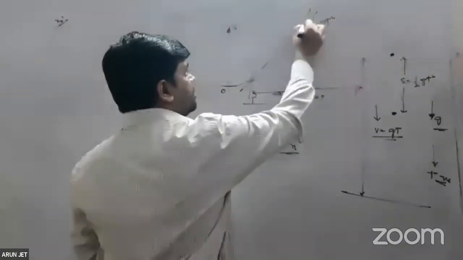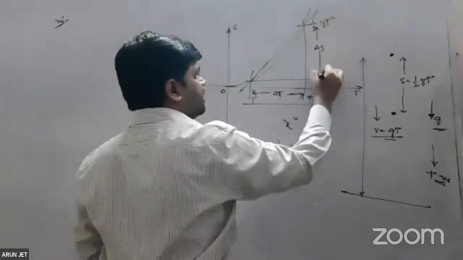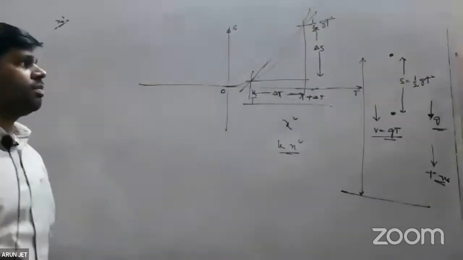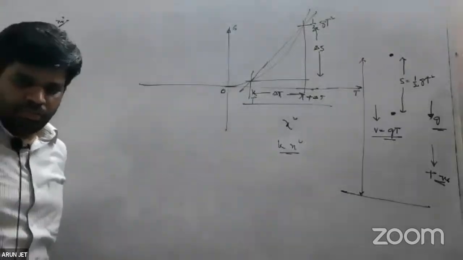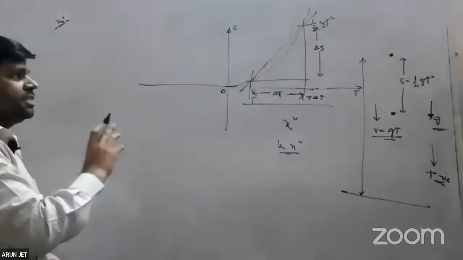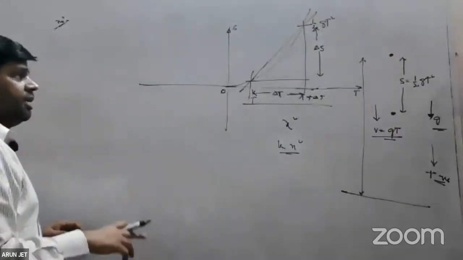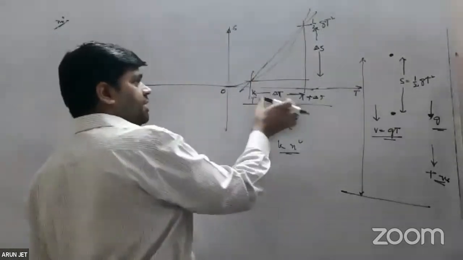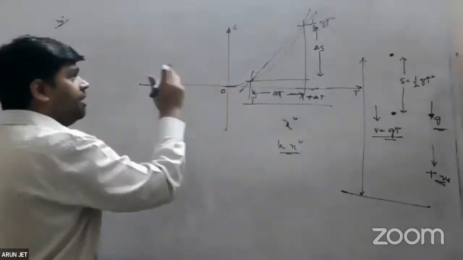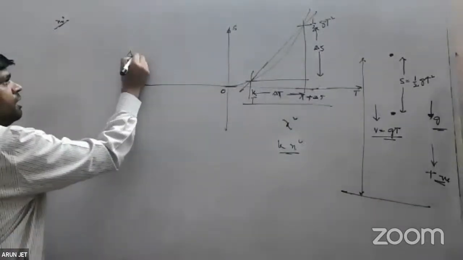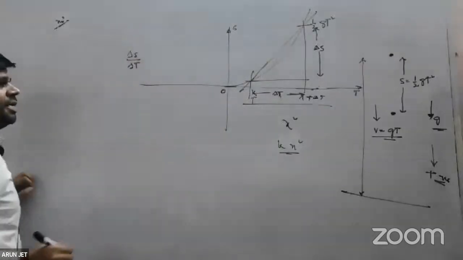So this distance is how much? Delta s. Yes, Bhavana, this is absolutely right. I appreciate your knowledge. Good. Now, delta s is this, delta t is this. So what is the slope of the chord? Delta s by delta t.